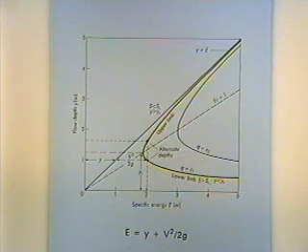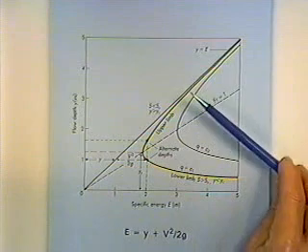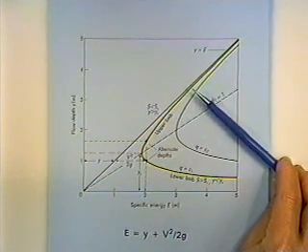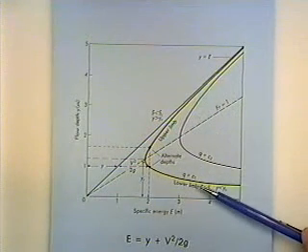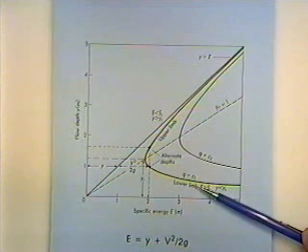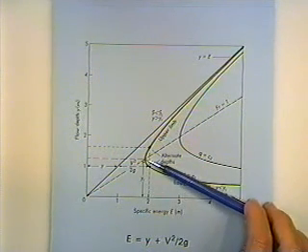And what will happen is, up here is the subcritical area where we have a significant depth. Down here is a supercritical area where we've got a shallow depth. And right here, of course, is critical depth.